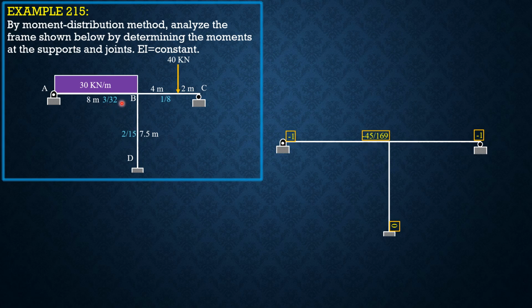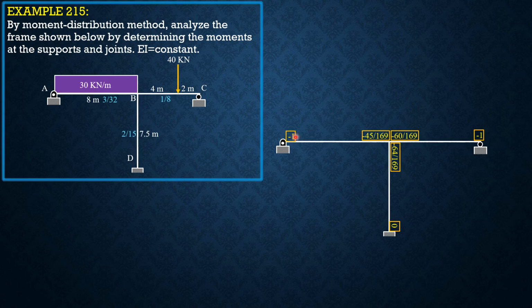Replace 3 over 32 by 1 over 8. So put the value here. It's -60 over 169. And replace 1 over 8 by 2 over 15. The distribution factor for this member is -64 over 169. So I hope that you already knew the reason why I put the distribution factor negative.